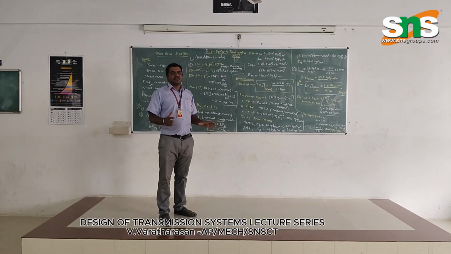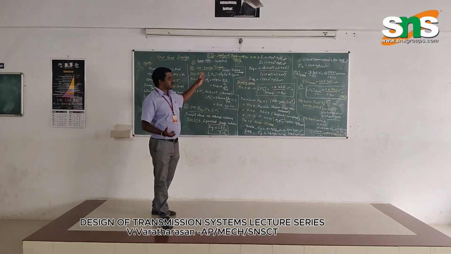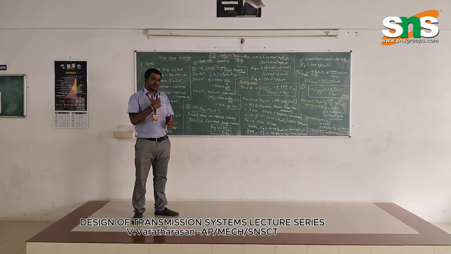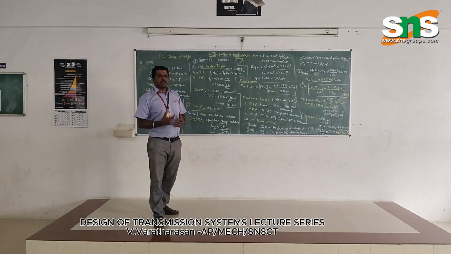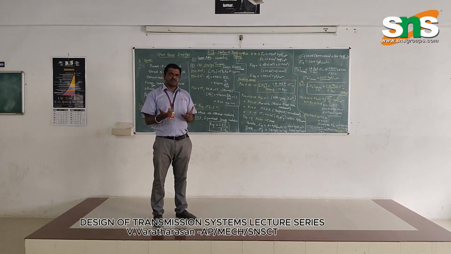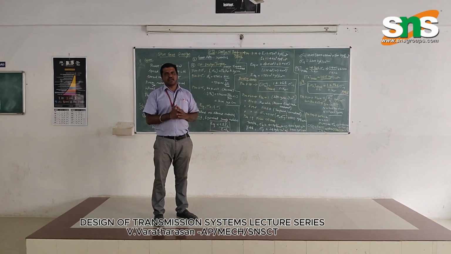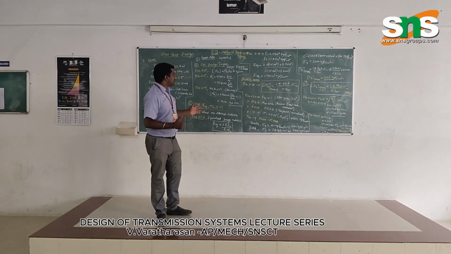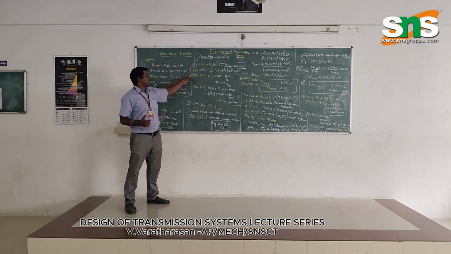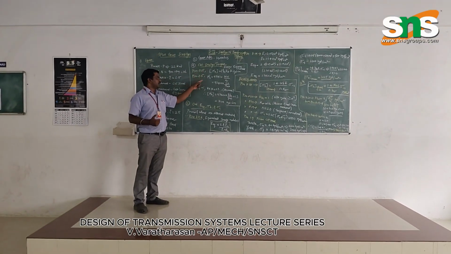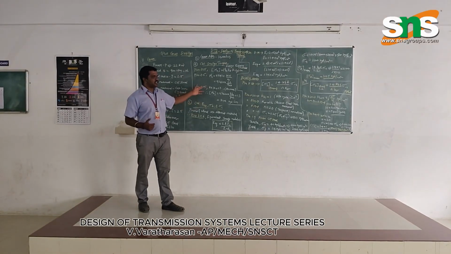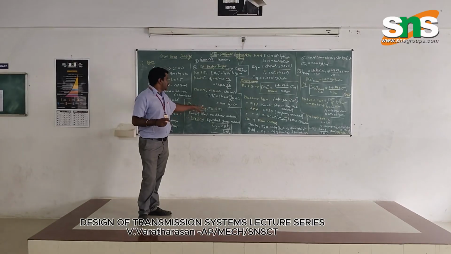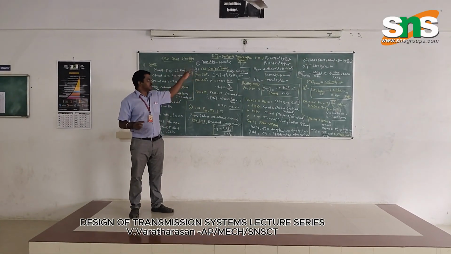These design procedures for transmission components are much easier if we use our data book. The data book is nothing but the PSG design data book, a very important book which combines these data. That's why here we are representing, for example, PSG 8.5. The page number and that point we need to mention over here in the design procedure.